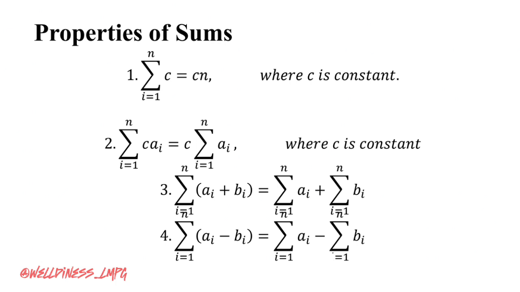And when you have a_i plus b_i, you can actually separate them and assign sigma properties to both of them. And same thing when there is a difference. So it applies both to addition and subtraction. But like I said, I will go into more details and show you more techniques you can use to make your life a whole lot easier.